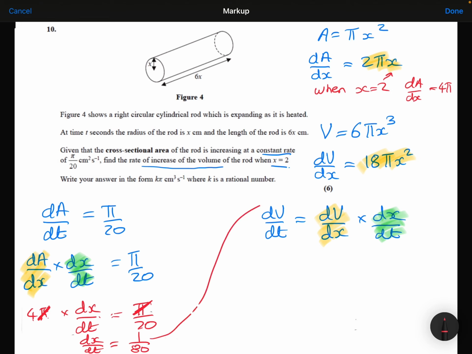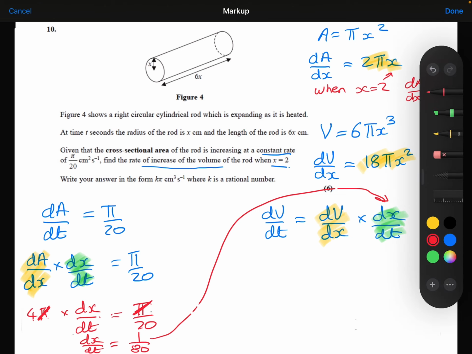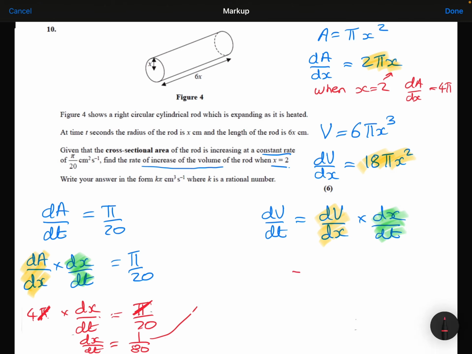So I can now substitute that in here. So dV by dt equals dV by dx times dx by dt. So let's work that out. When x equals 2, substituting that in here, I find that dV by dx is equal to 18 pi times 4, which is 72 pi.